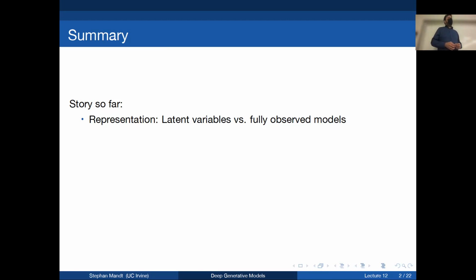All right, so far we've talked about generative models, and in particular, we talked about how to represent them. For example, we learned to distinguish between so-called latent variable models that have some unobserved part in them, and then fully observed models, such as normalizing flows or autoregressive models.